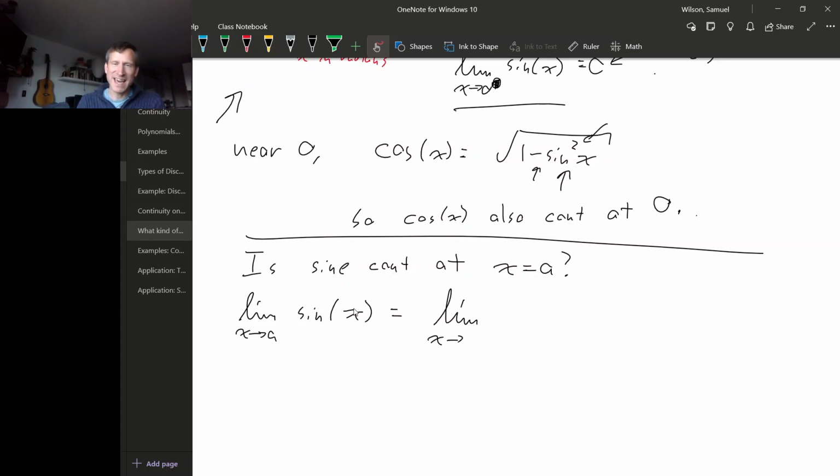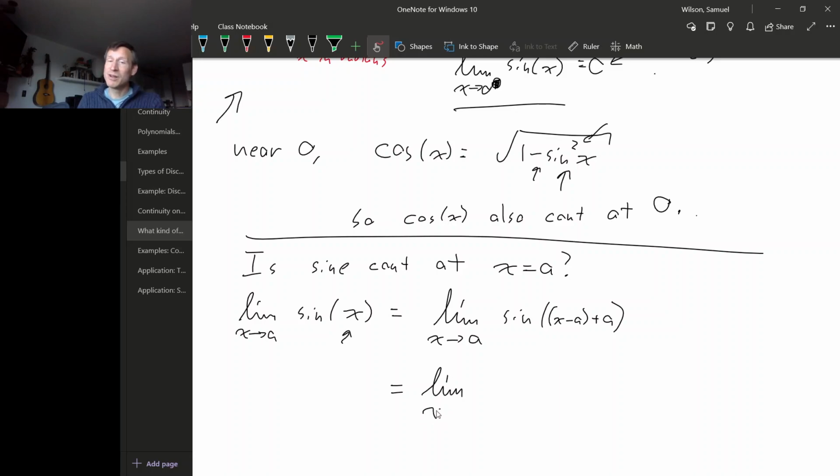X is going to a. It would be nicer if it were going to 0 because we know something about the continuity of sine at 0. So what we can do is rewrite the inside of this function as x minus a plus a. X minus a plus a is x, so this really is the same thing as what we started with.